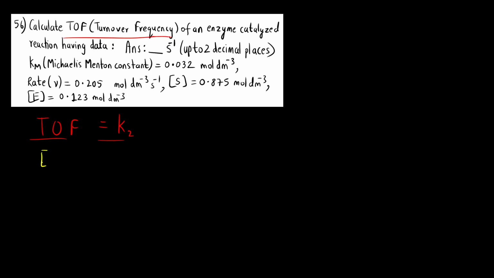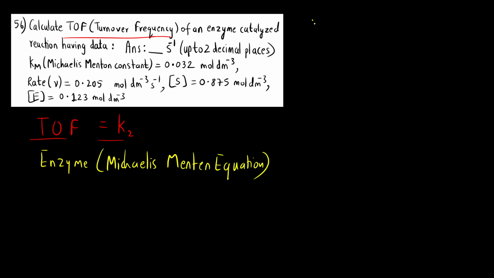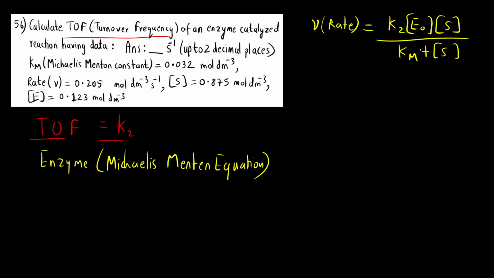We have to just use the enzyme kinetics, that is the Michaelis-Menten equation. You must remember this equation. It is rate is equal to K2 into concentration of enzyme into S divided by Km plus S.